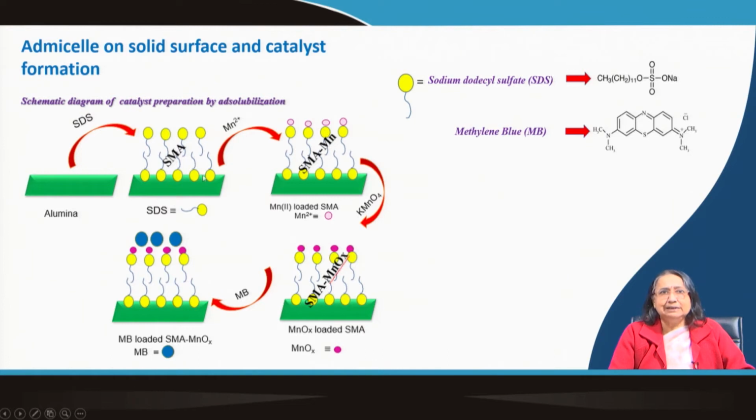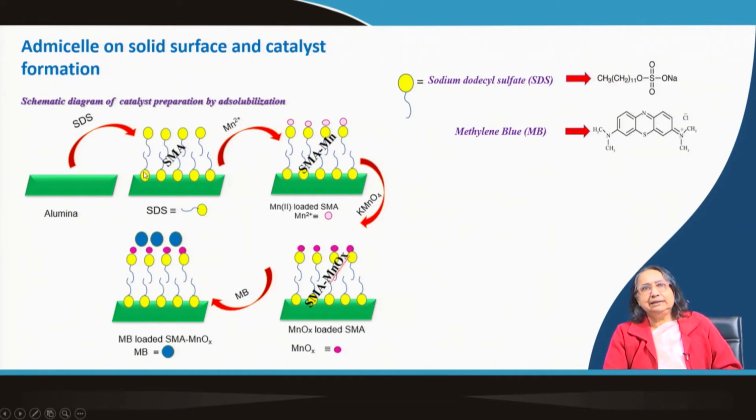The micelle is adsorbed on the solid surface. This type of micelle is not spherical; it is adsorbed on the solid surface, which is why it is called an admicelle. Admicelle means adsorbed micelle.